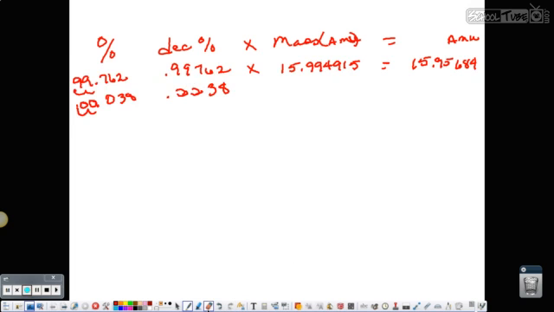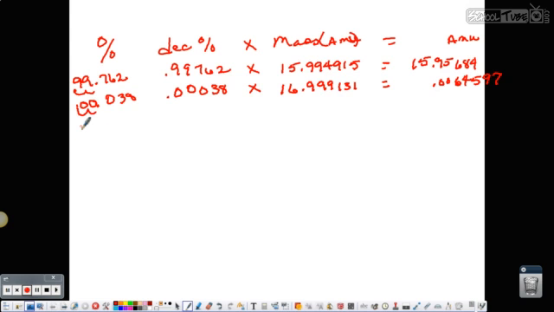I'm having a little trouble with my apparatus here, so I'm going to back all the way up and make those zeros a little better. So I'm going to get 0.00038 times the mass in the book, 16.999131. And when I do that multiplication, I get 0.0064597.